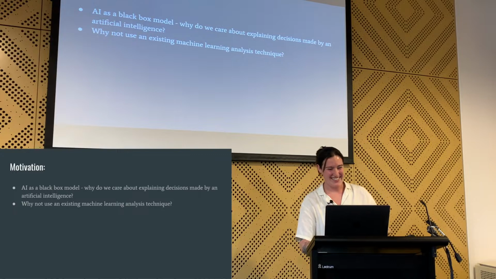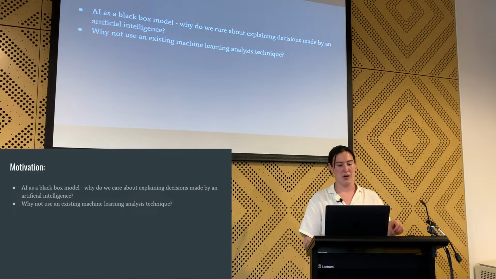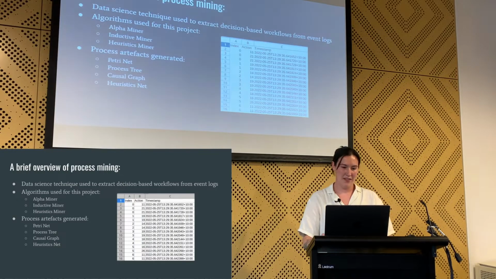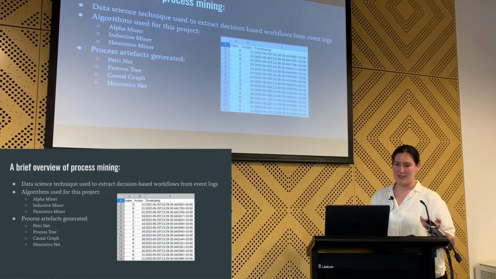To address this question, I utilized process mining techniques to generate workflows from event logs extracted as the trained reinforcement learning model ran, and attempted to recreate the decisions that it made as it ran via process mining.